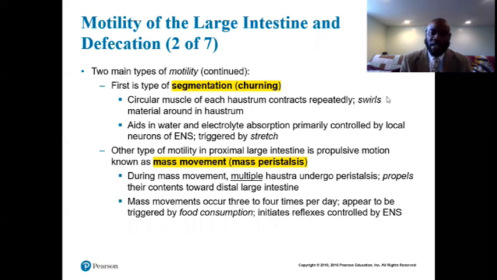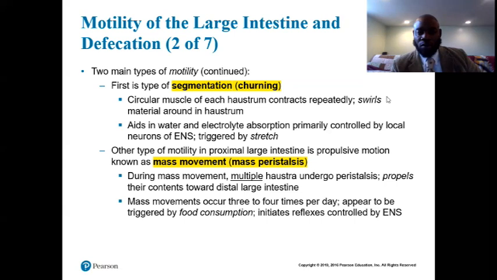All right. So in the large intestines, we have segmentation, which is a churning. So remember the three layers of circular smooth muscles, swirls material around. This aids in the water and electrolyte absorption, and it's controlled by your ENS.